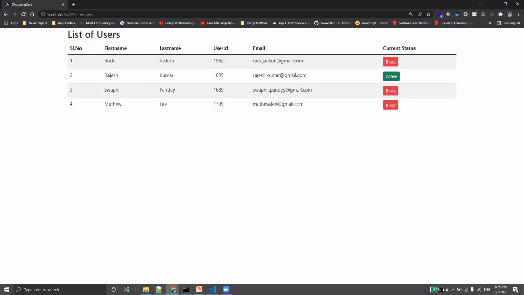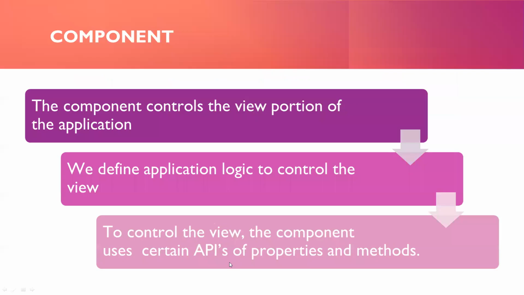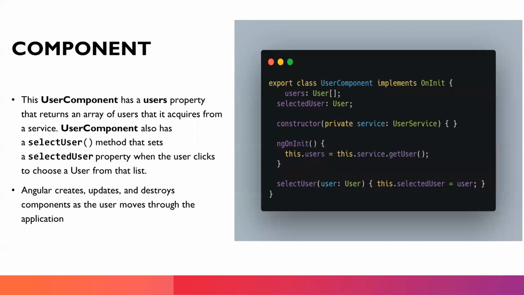Okay. So now let's get back to the slides and understand more about this. What is a component? A component controls the view portion of an application. In my case, you already saw the users component and how it would look. We define application logic to control the view. What is the view? Template. To control the view, the component uses certain APIs of properties and methods, right?